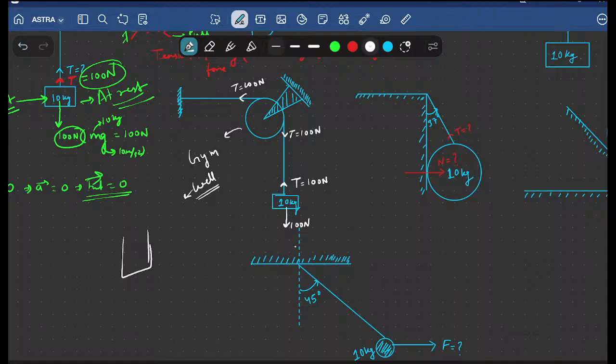Suppose this is a well and this is a bucket, and this is a rope, and there is a pulley system, and some individual pulls this from the ground. Have you seen a pulley, everyone? So in the gym, in the well, you must have seen pulleys.